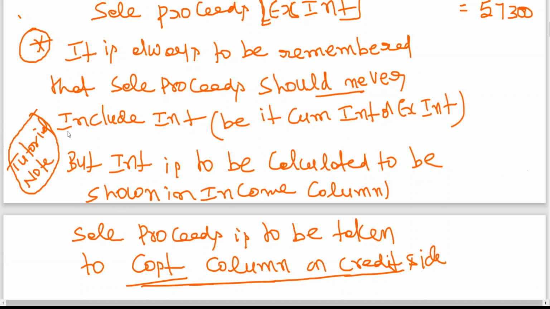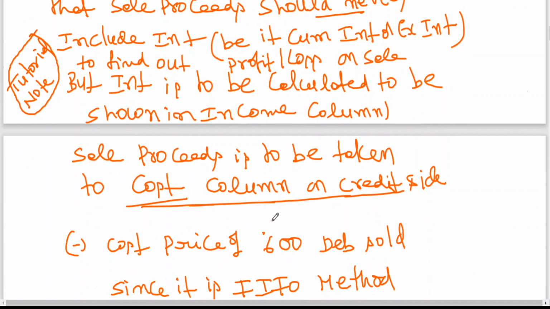Sale should never include interest to find out profit or loss on sale. But the interest calculated is shown in the income column.